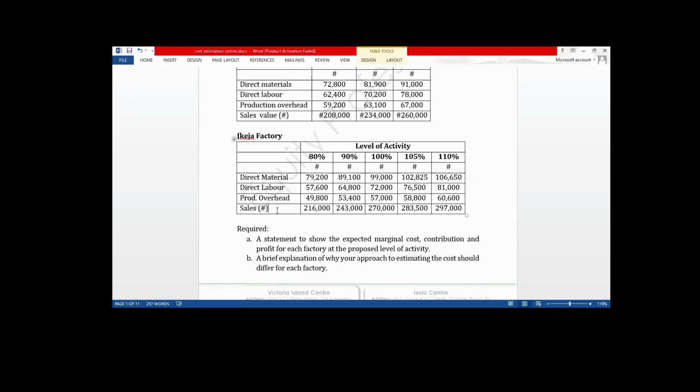Apapa factory and Ikeja factory. At Apapa factory, the company is operating at 90% level of activity. At this 90%, the company produces 11,000 units of a product. Now, the company is planning to reduce production at Apapa factory to 75% level of activity.